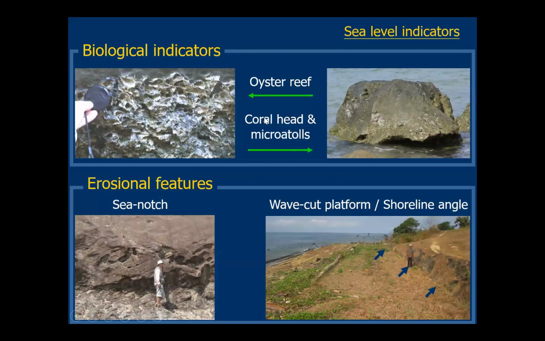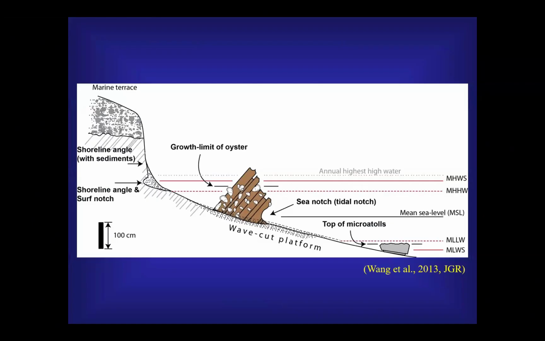These sea level indicators include biological indicators, such as the oyster reef on the left, corals, coral heads, microatolls on the right-hand side, and also some erosional features like sea notch, wave cut platform, or shoreline angle. These all tell us a paleo sea level location, and we can use them to calculate the coastal uplift.